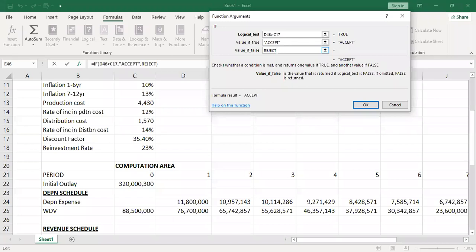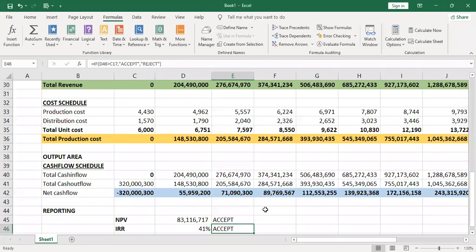And then after that, you click on OK. So it is still accept because this IRR is greater than the discount factor.